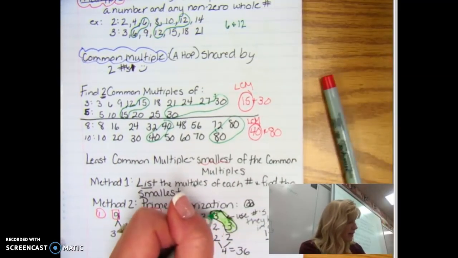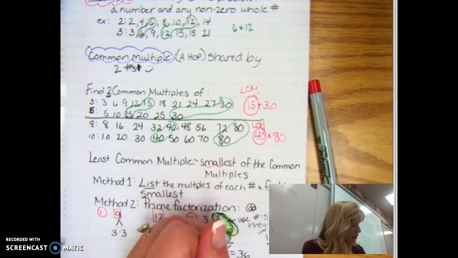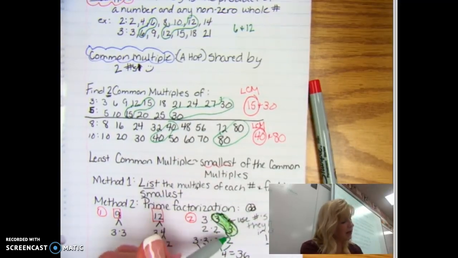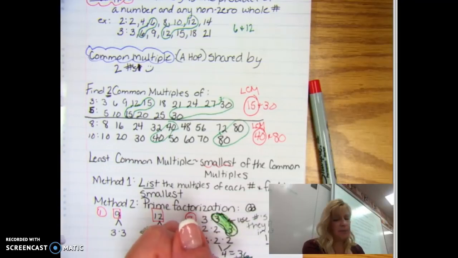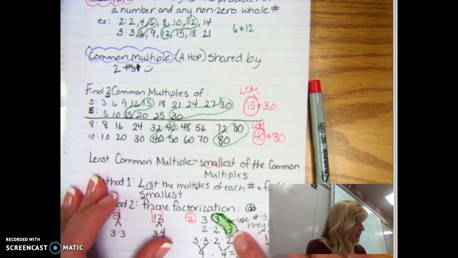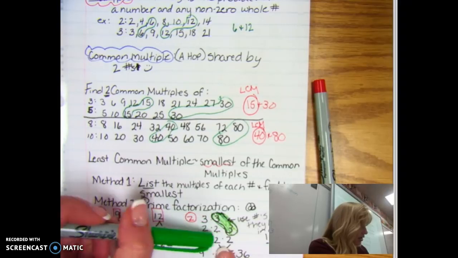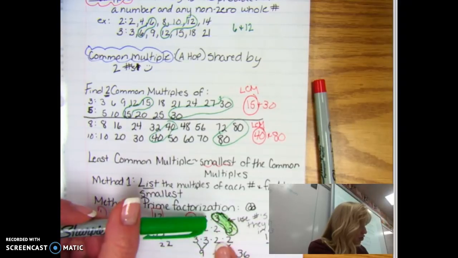I used green to find they had a 3 in common. So we're going to color that in. Any number that you color in like that, you use these numbers only one time because they have them in common. So what I did was I said, okay, I need to do a 3 and a 2 and a 2 for sure.